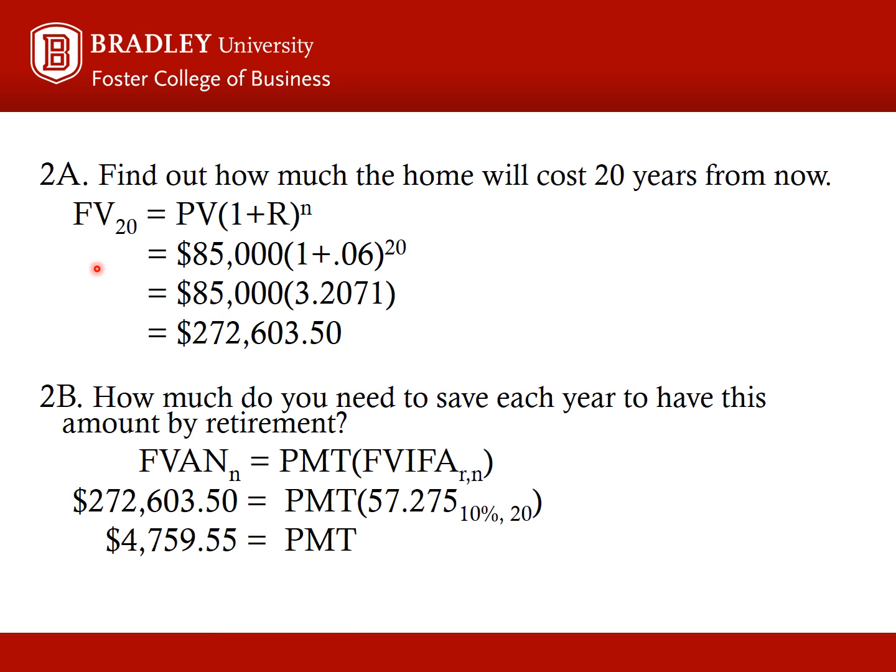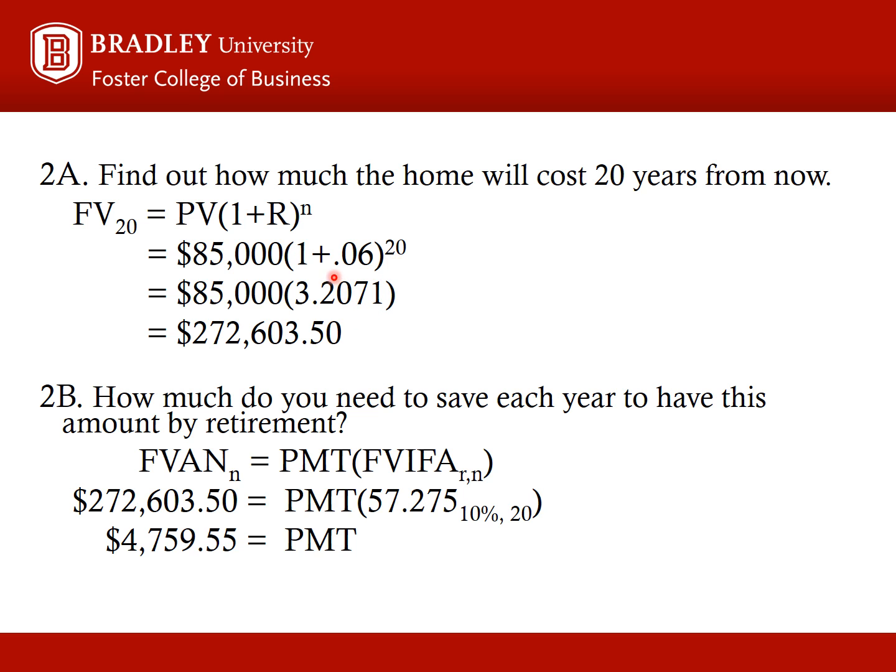So here for the second one, first of all, how do we find out how much the house is going to cost 20 years from now? That's a straight future value problem, right? You have $85,000 compounded at the 6% inflation rate over the next 20 years.